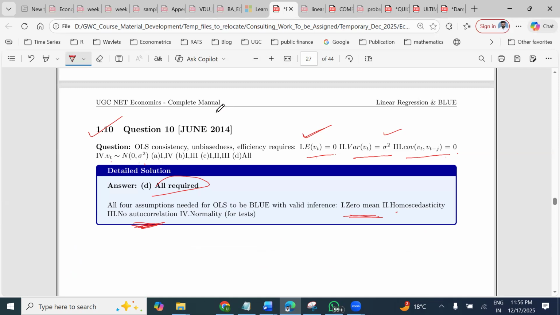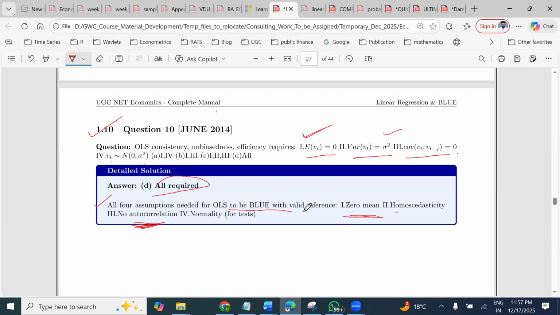Normally distributed. Vt normally distributed with mean 0 and variance sigma square. Yeah, you are correct. Whatever is written in short form, this is what it is saying. These four assumptions are needed for OLS to be BLUE.